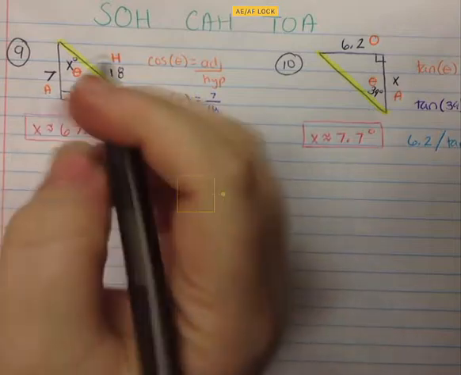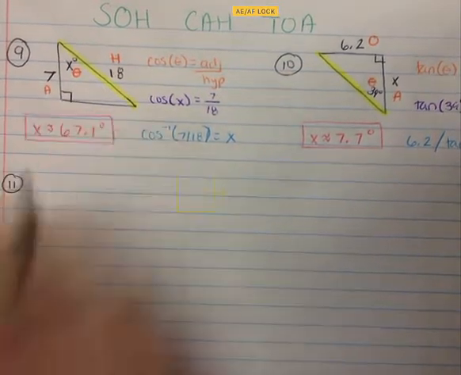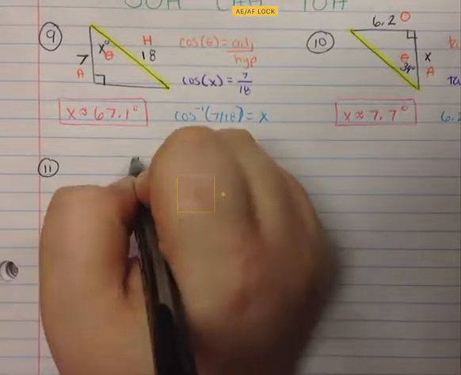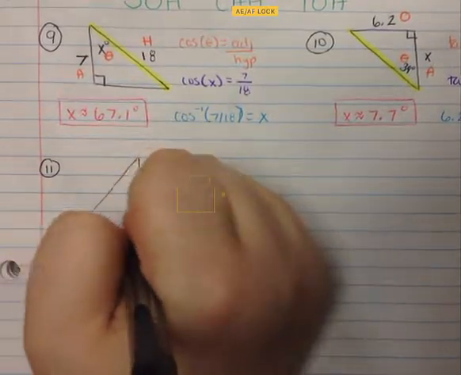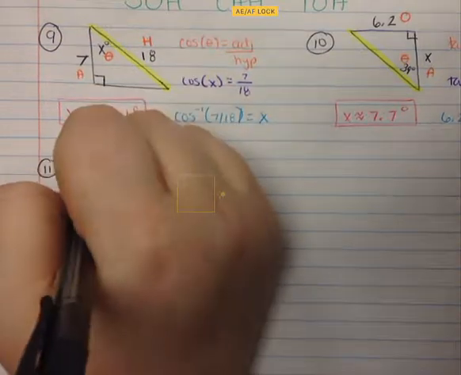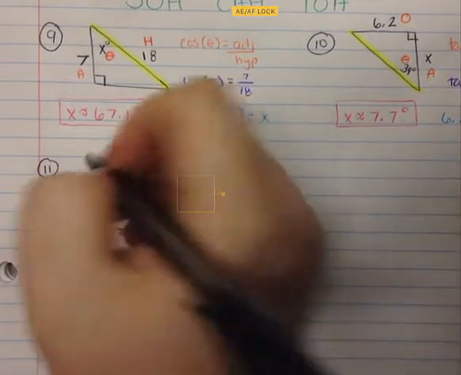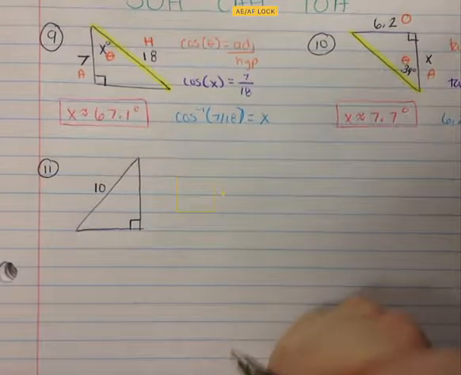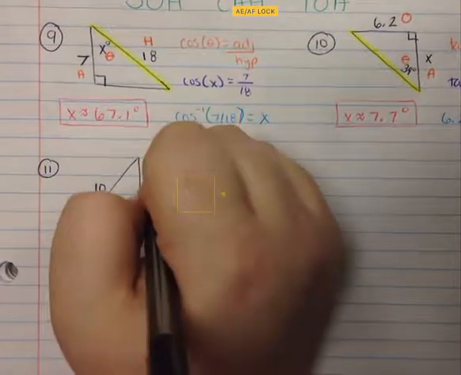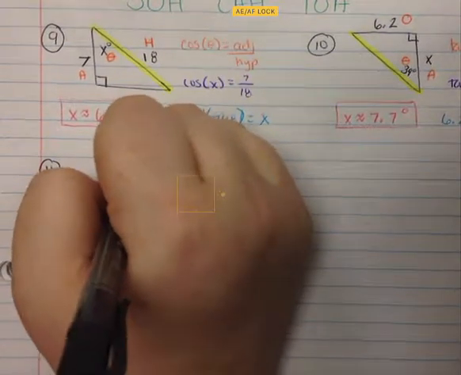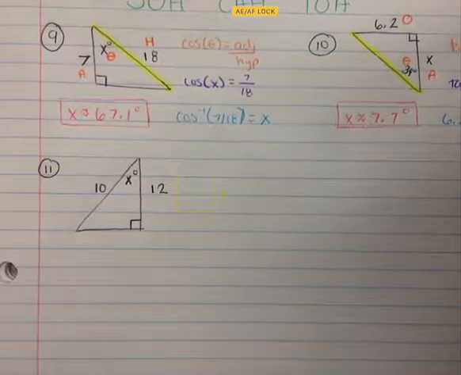Number 11. Going to draw a figure. Going to put a right angle there, a 10 on what looks to be the hypotenuse, a 12 on the side, and an x degree up top.